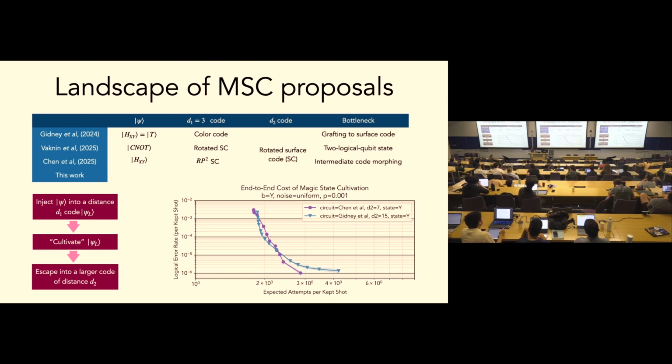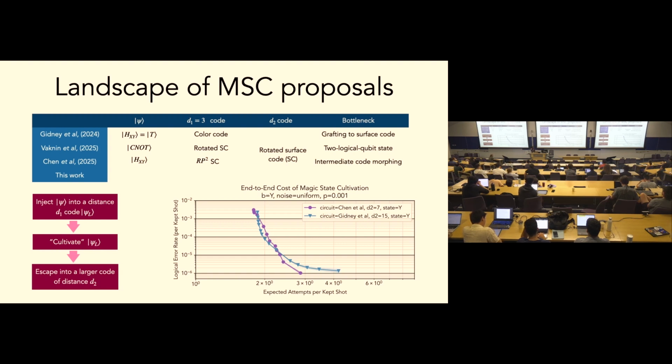Of course, because you're discarding these large states, your space-time overhead increases, and that is the x-axis, the number of expected attempts you need to try this protocol before you get a shot that succeeds. And so to reach these lower logical error rates of near 10 to the minus 6, you have to try 3 or 4 times in these particular protocols.